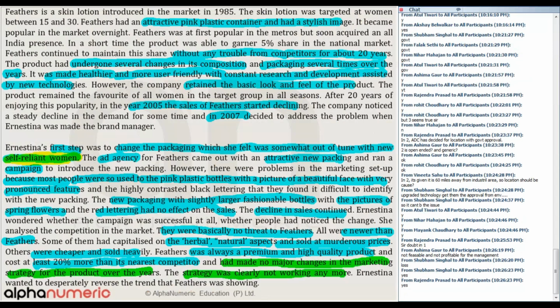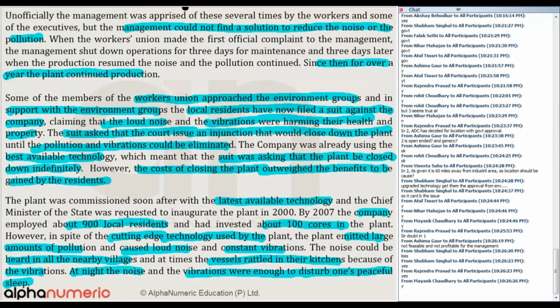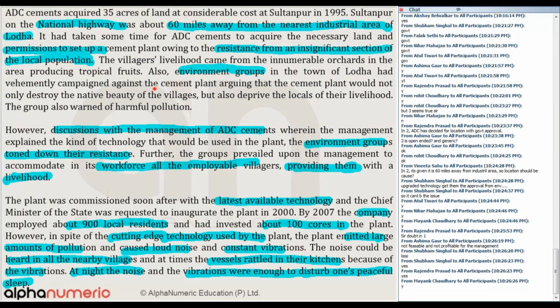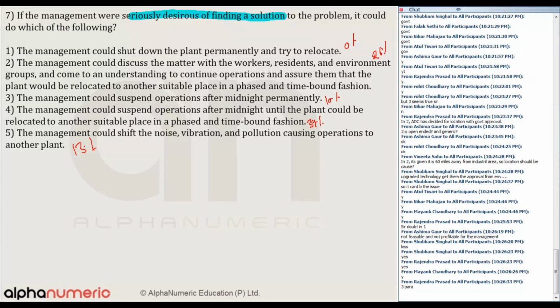If I read correctly, it was mentioned that hundreds of crores has been already spent. Third para. Yes, about 100 crores has been already invested in the plant. So relocating is not a solution. Relocating and shutting down permanently is not going to be beneficial to the management at all. So that's why the answer can't be option number 1.